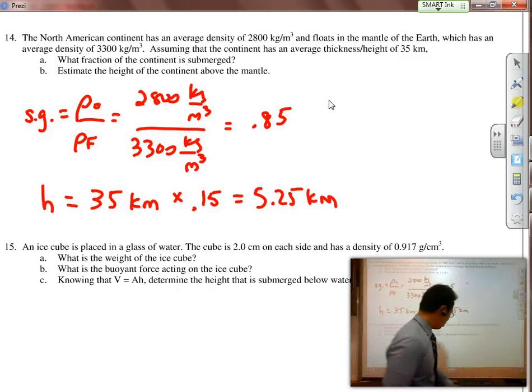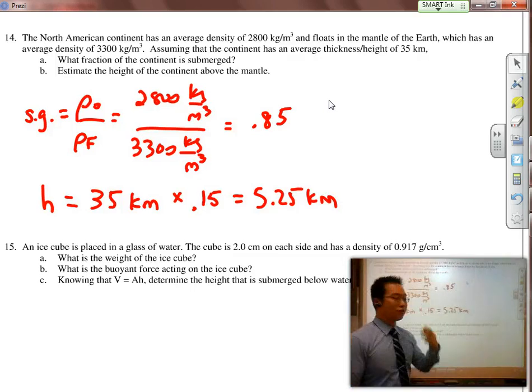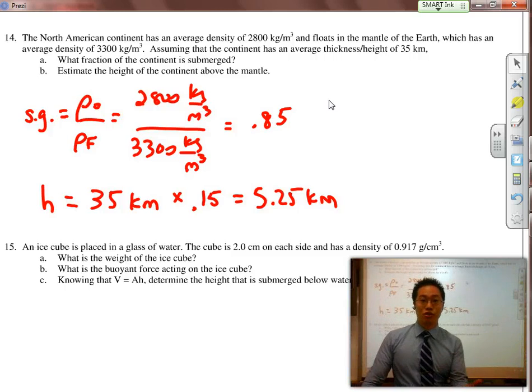Okay, so ultimately, buoyant force is the force of the fluid that is pushing on an object upward, and it doesn't have to be water. It could even be air itself, whenever you see a balloon float upwards.